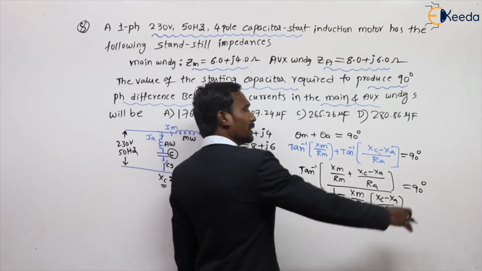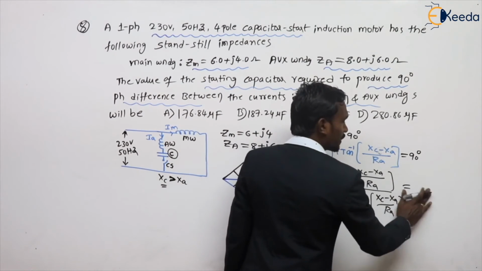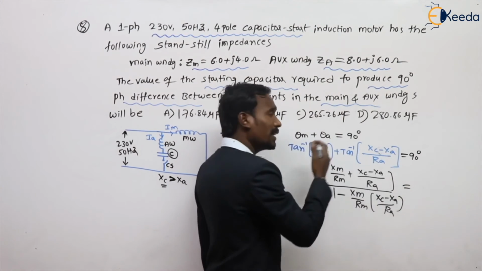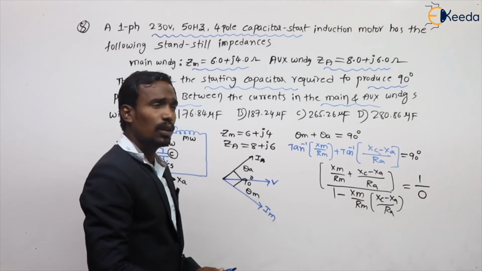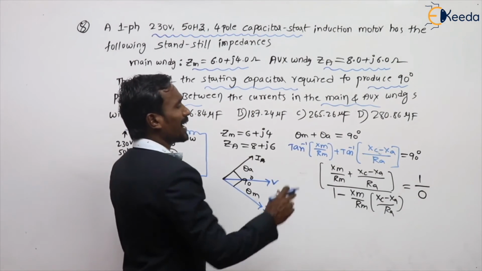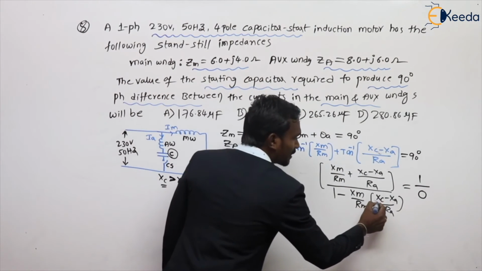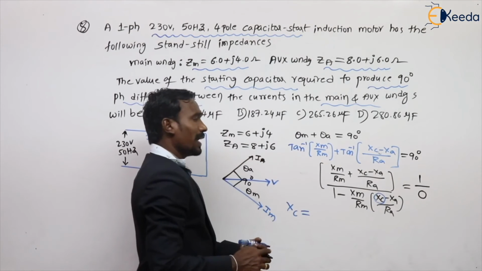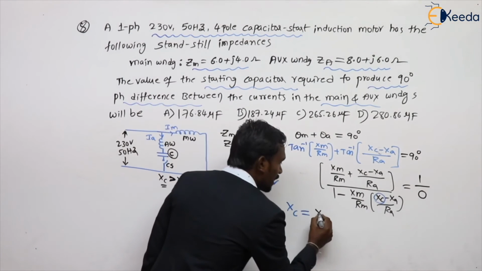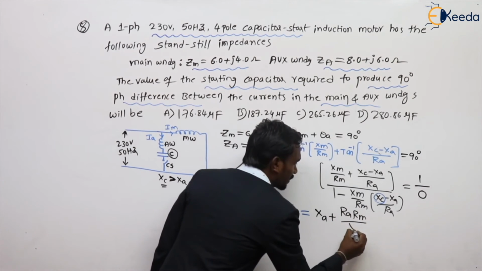Bring this tan inverse to this side. So tan 90 is nothing but infinite, nothing but 1 by 0. If you do the cross multiplication and find Xc from this, we get Xc equals Xa plus Ra Rm by Xm.